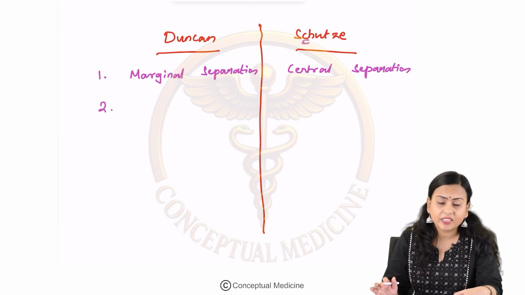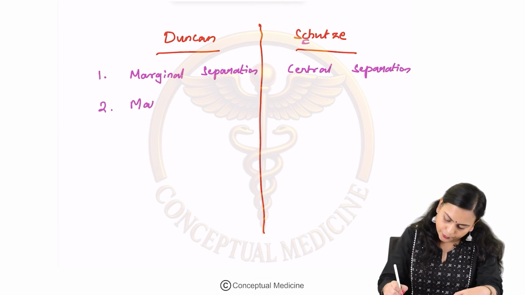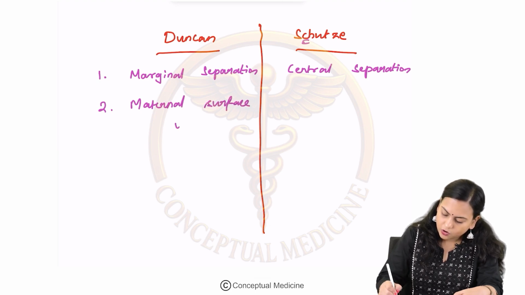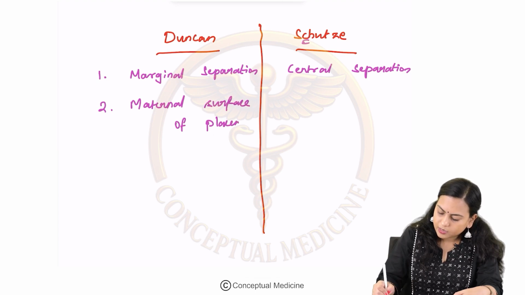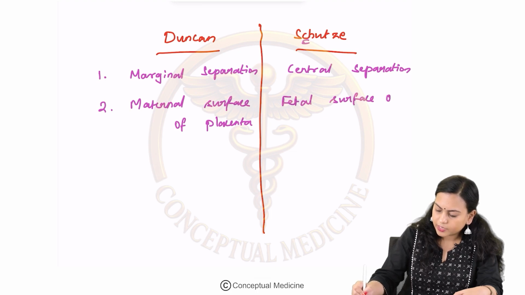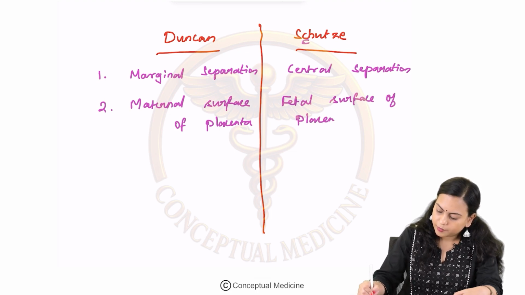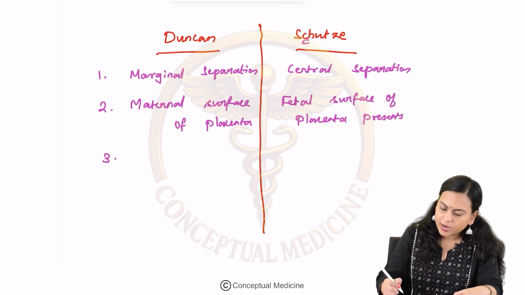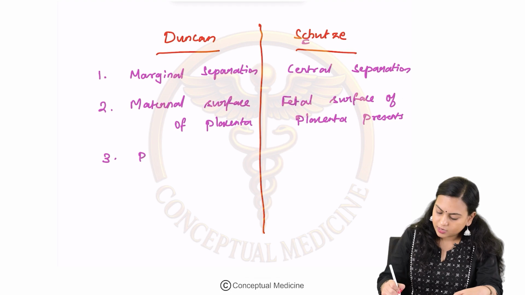Now, as the marginal separation is happening, which surface of the placenta presents in Duncan's? Yes, it is the maternal surface. So, maternal surface of placenta presents. Whereas here, just the opposite, right? So, fetal surface of placenta presents. Okay. And in Duncan's, the bleeding will be more.